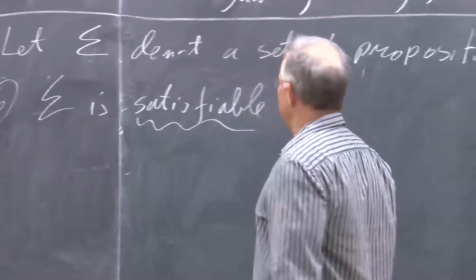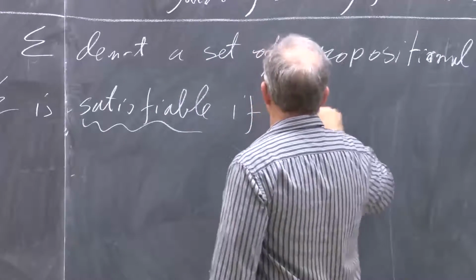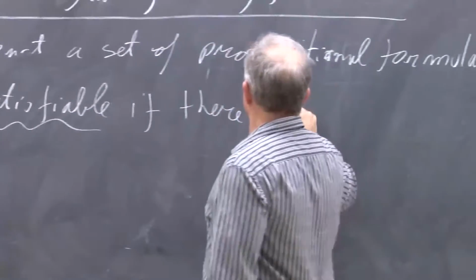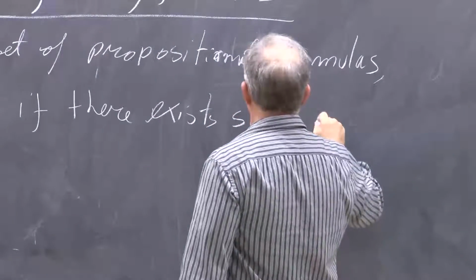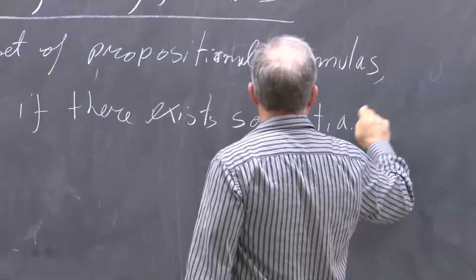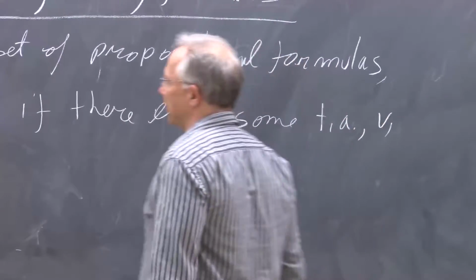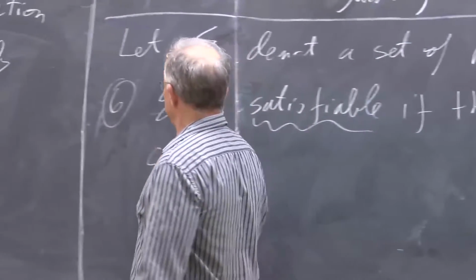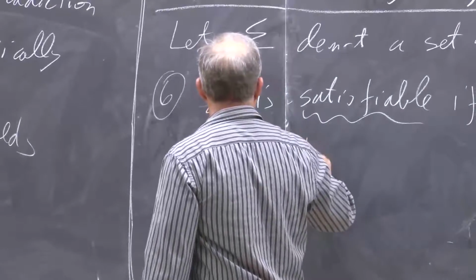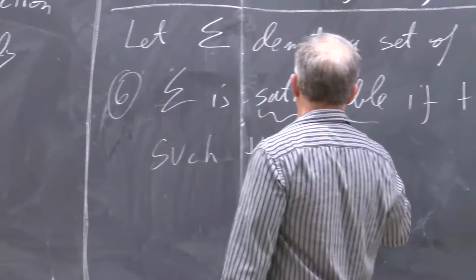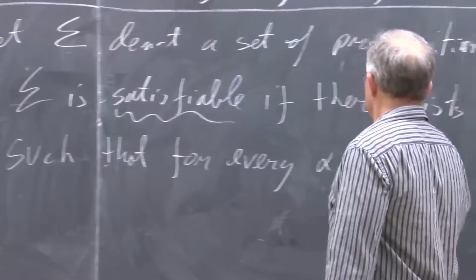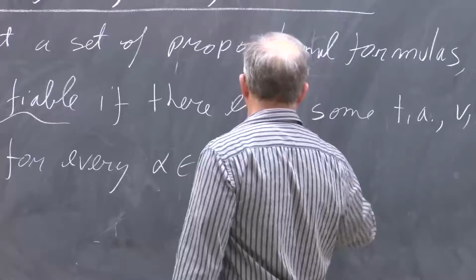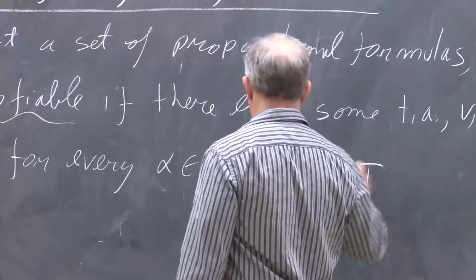Satisfiable if there exists some truth assignment v such that for every alpha in sigma, v hat of alpha equals true.